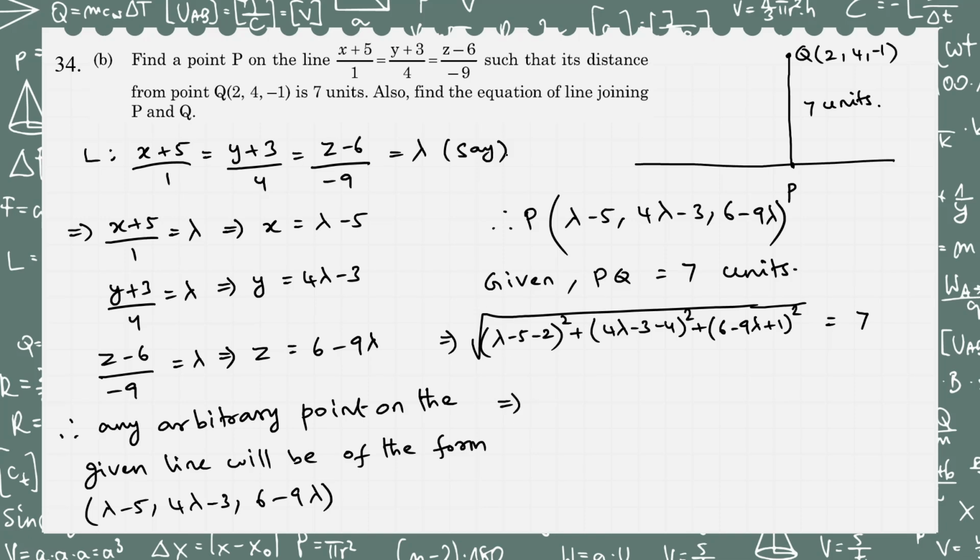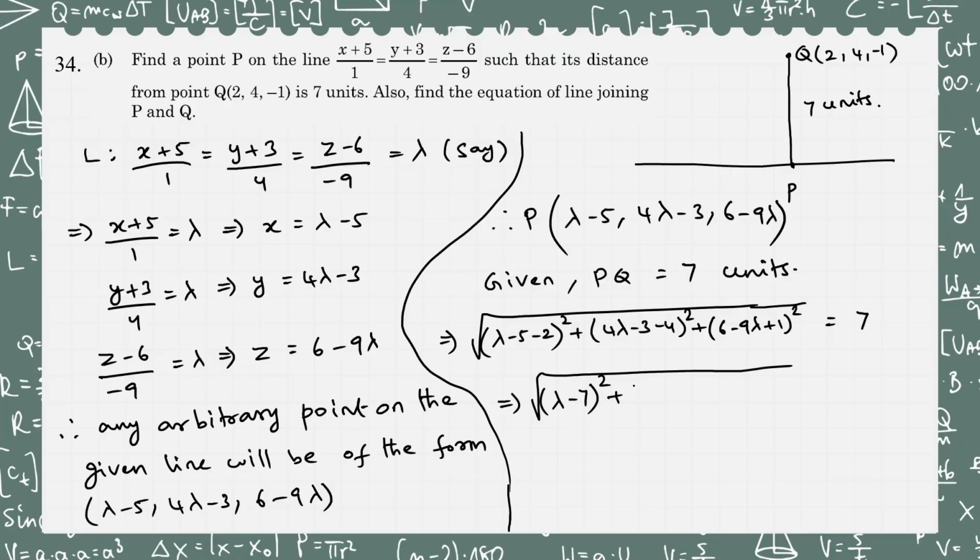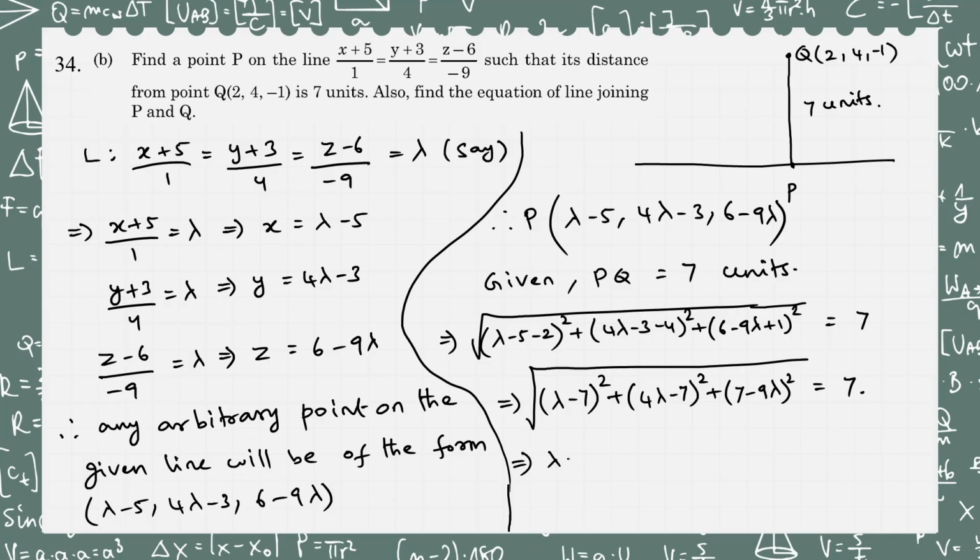That implies square root of (lambda - 7) whole square plus (4 lambda - 7) whole square plus (7 - 9 lambda) whole square equals 7. Now we can square on both sides to get rid of the square root. That will give you (lambda - 7)^2 + (4 lambda - 7)^2 + (7 - 9 lambda)^2 = 7 square, which is 49.